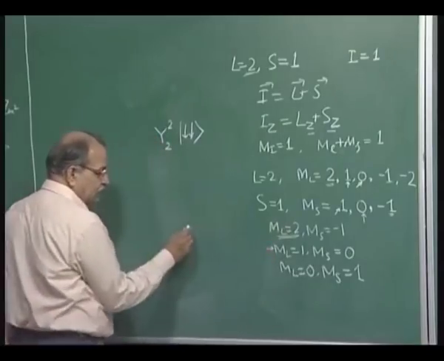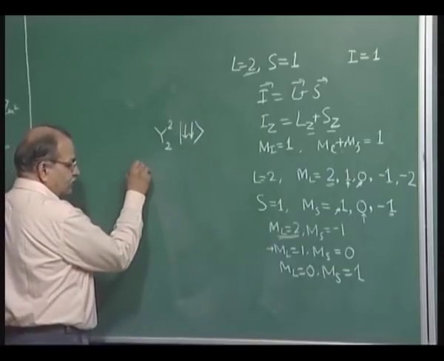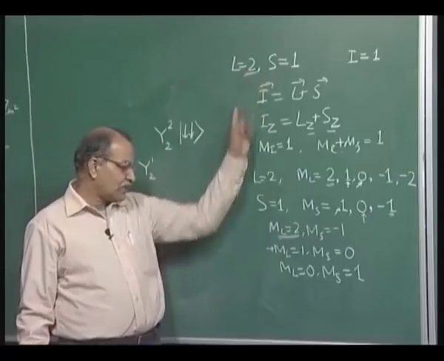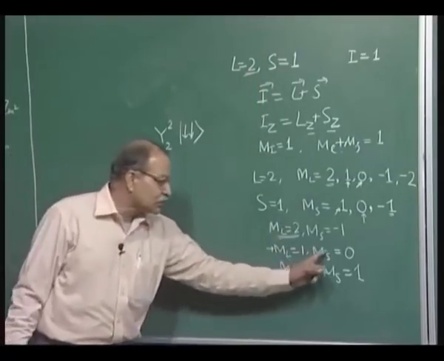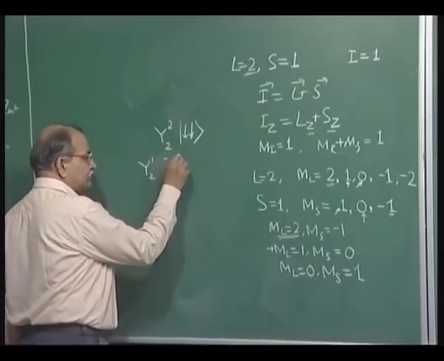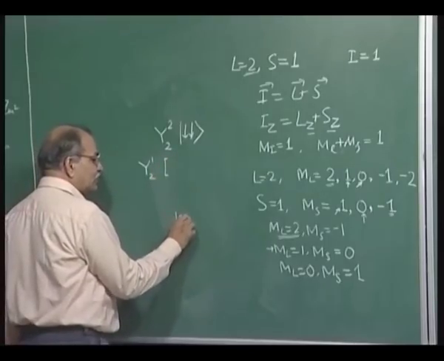The second one is more complicated. M L is equal to 1, so L is 2 and M L is 1, that will give you Y 2 1. M S equal to 0. What do I write? One up and one down.